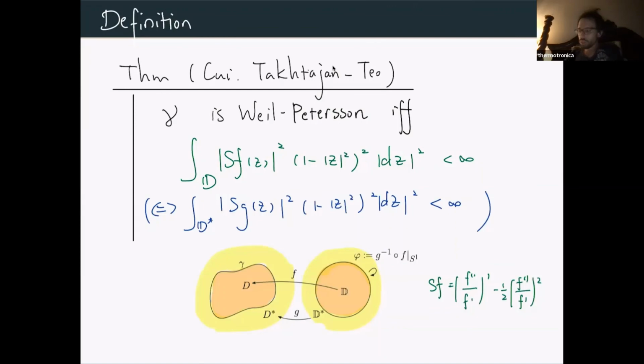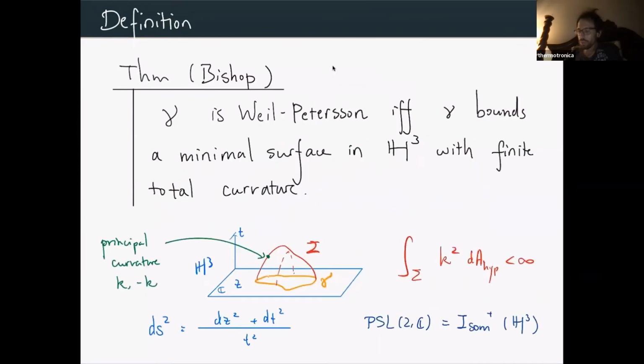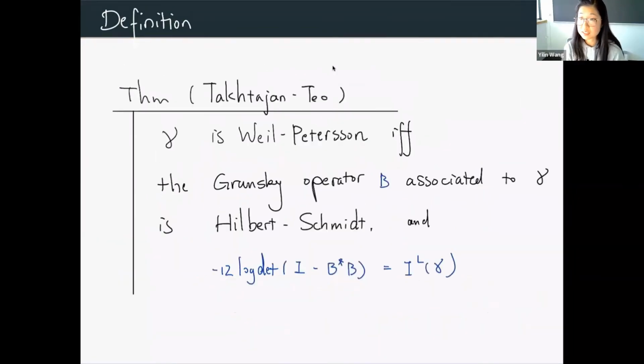Oh, you can. Okay. And the p-Schatten class is also the L2 theory of the Grunsky operator. This can also be made to power p. So this is the spectrum, the singular values squared, to the power 2, but you can change that to power p as well.